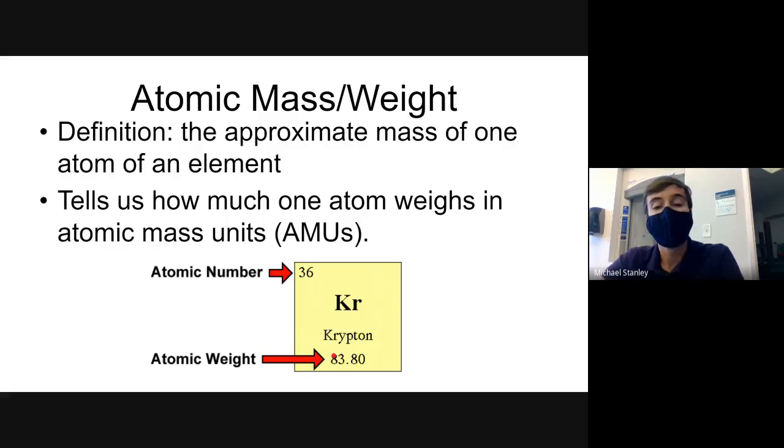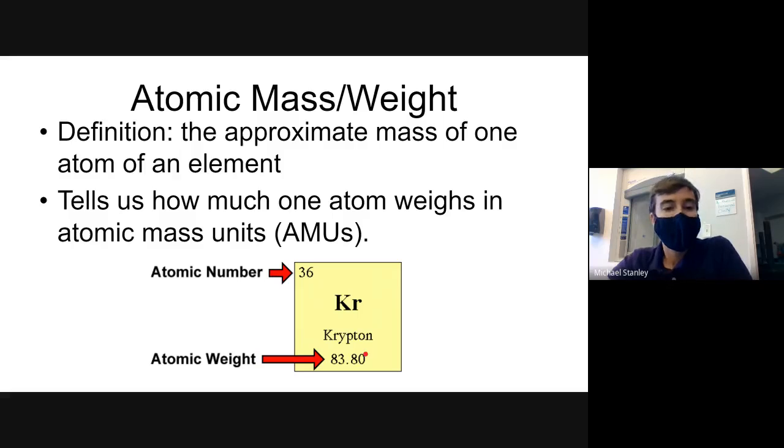We can't use grams or pounds or ounces to measure the weight of atoms, right? Because each atom, if you wanted to write out its weight, would be something like 0.000000000000000000000000000000083 pounds.